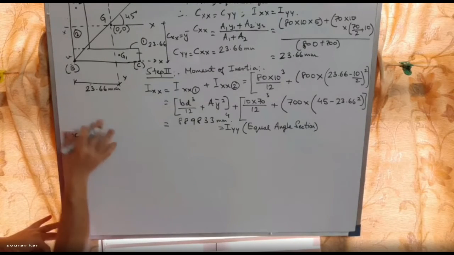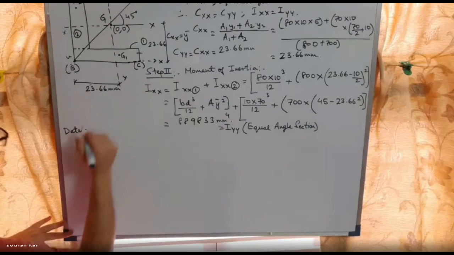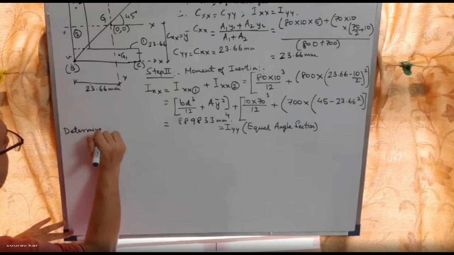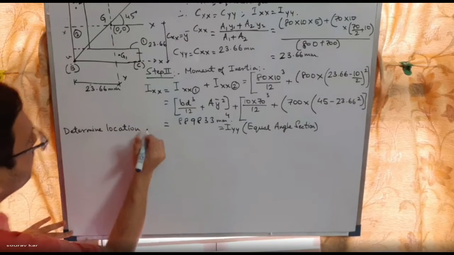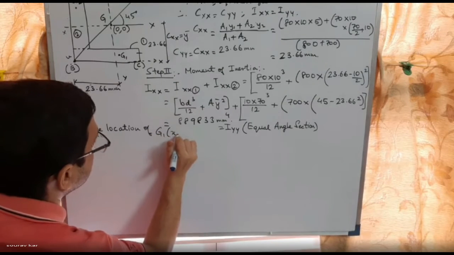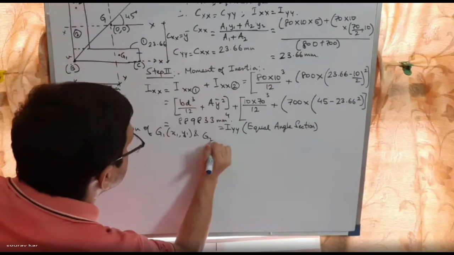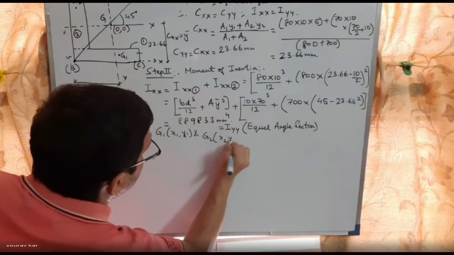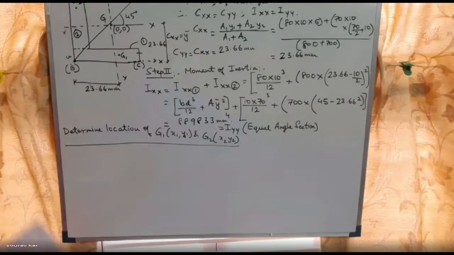Under step 2 only you can write down: determine the location of G1, X1, Y1 and G2, X2, Y2.